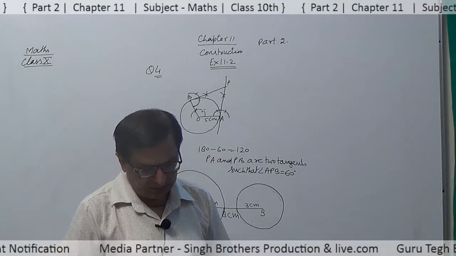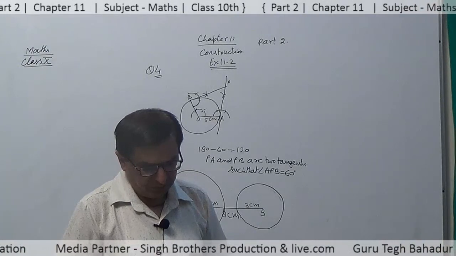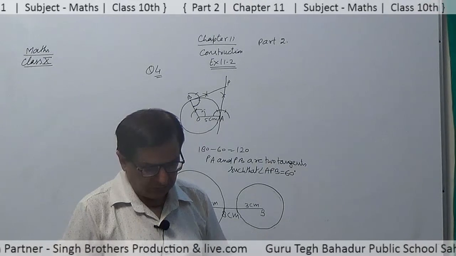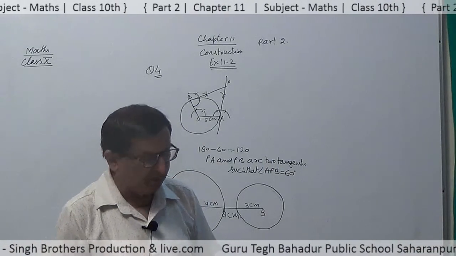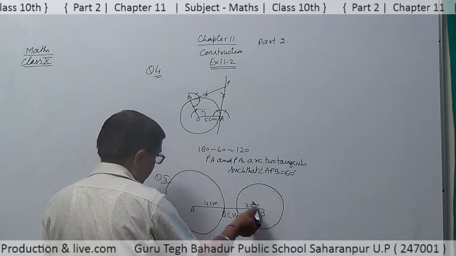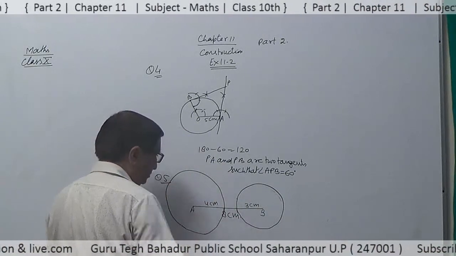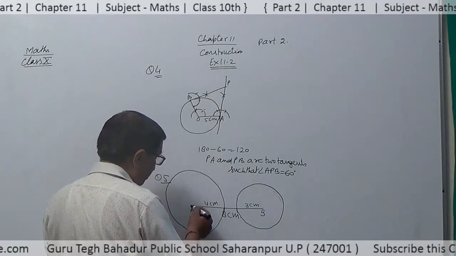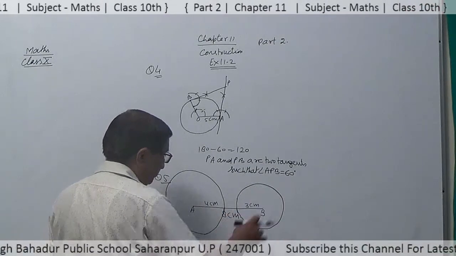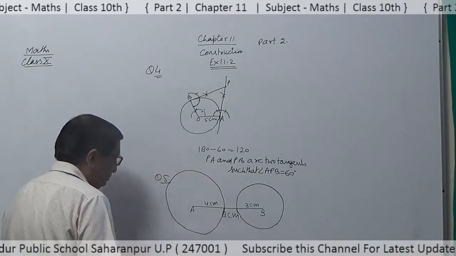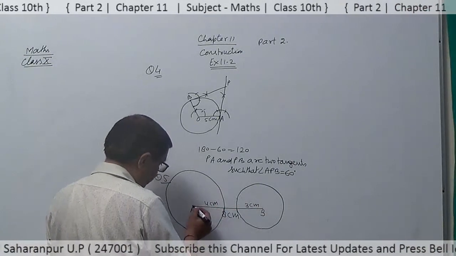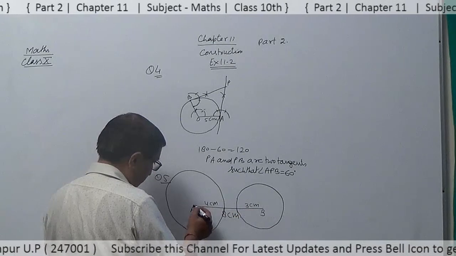Now construct the tangent to each circle from the center of the other circle. Means from point B, draw the tangent to circle A. From point A, draw the tangent to circle B. So first of all, we will draw the perpendicular bisector of AB.